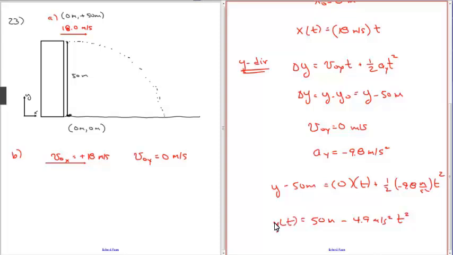Okay, how long after being released does the stone strike the beach? Well, below the cliff, the thing that's governing the time is that there's ground in the y direction.